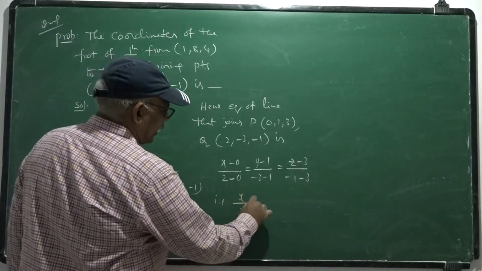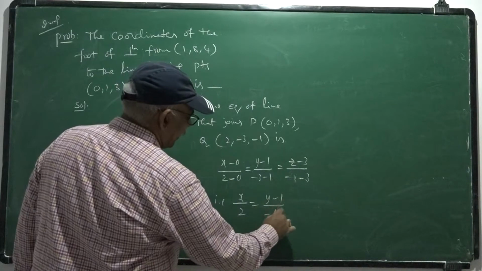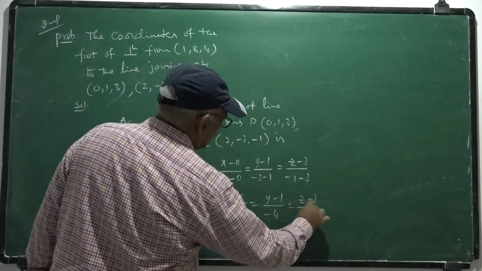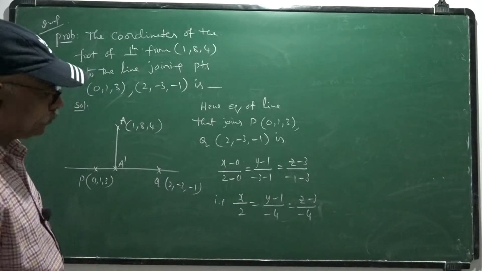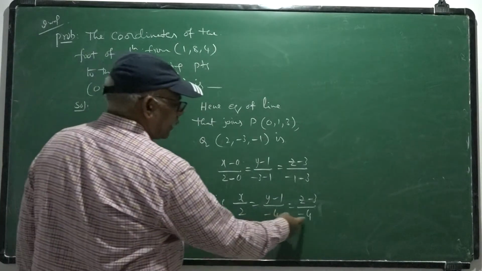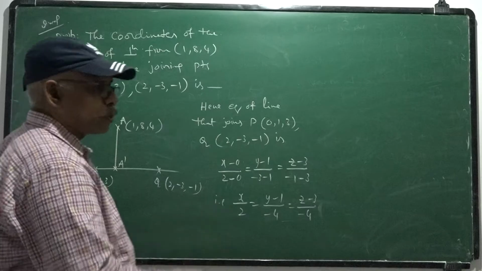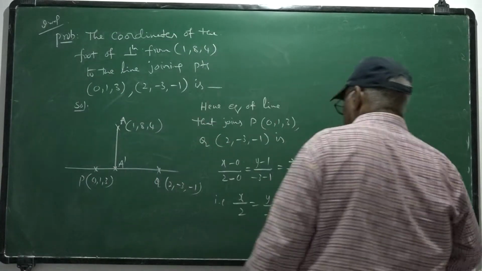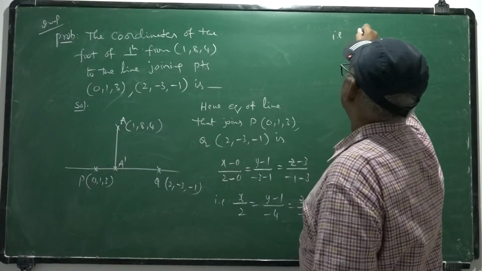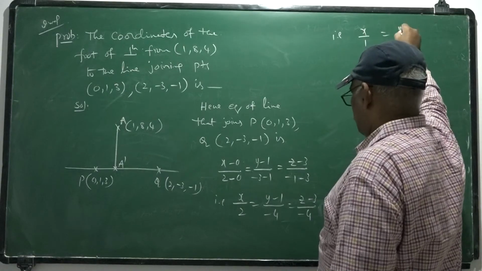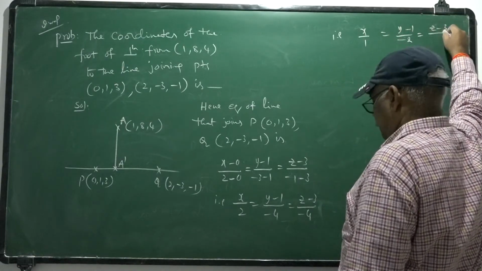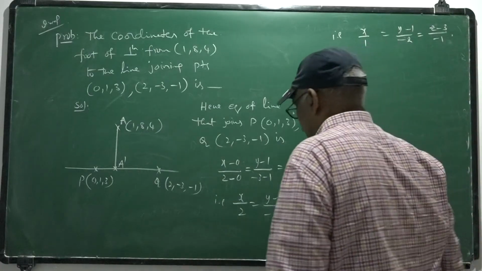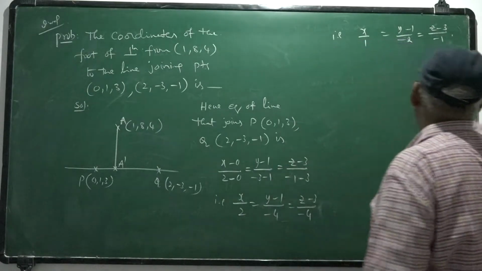So the equation is x/2 = (y - 1)/(-4) = (z - 3)/(-4). Since these are the direction ratios, you can take the proportionate values. You can write it as x/1 = (y - 1)/(-2) = (z - 3)/(-2).